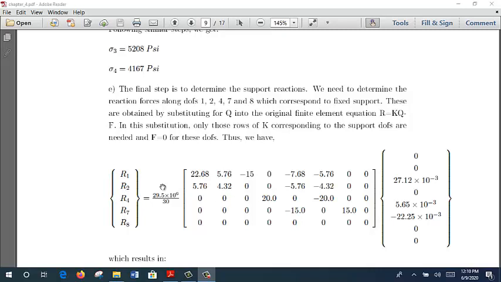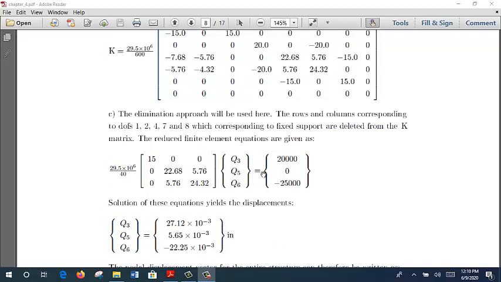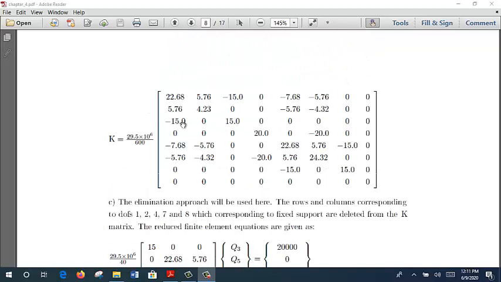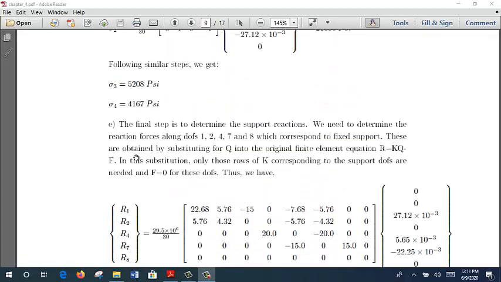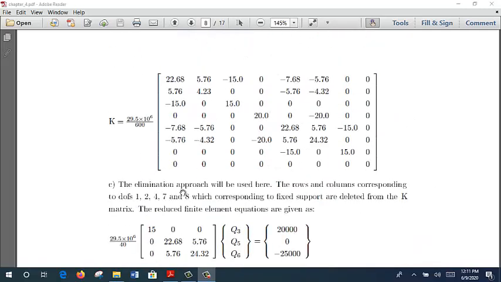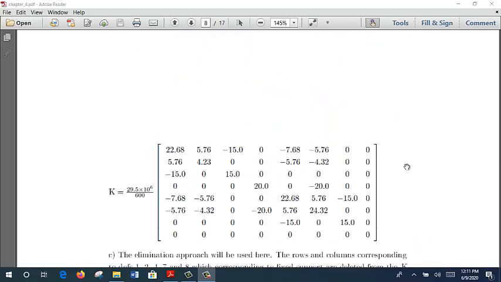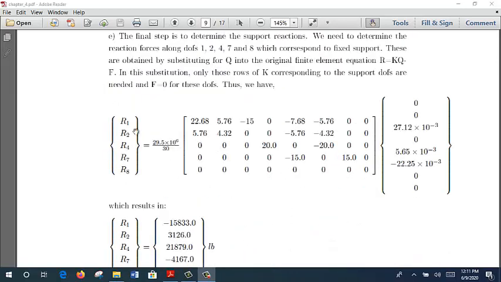So if you want a quick solution during the final exam, you just concentrate on what we want to find, and then from that you just cut it off. Because do you still remember our global stiffness matrix has 8 by 8, right? So just cut off what we don't want to calculate. For example, we just need R1, R2, R4, R7, and R8. So you just take R1, R2, R4, R7, and R8, and that is what is mentioned here.